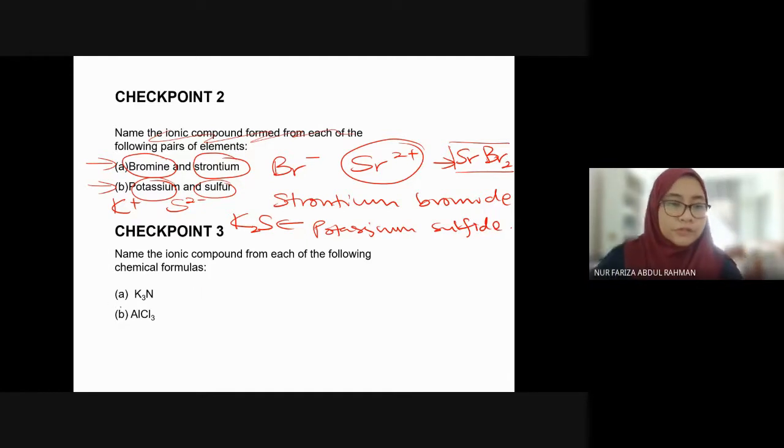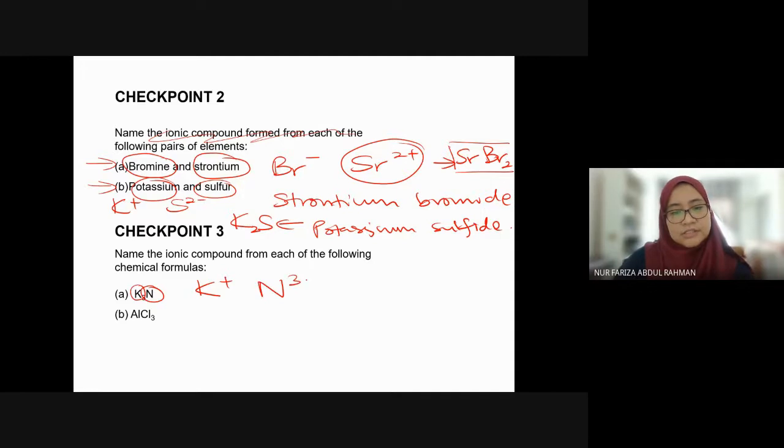Moving on to checkpoint 3: name the ionic compound from each of the following chemical formulas. K stands for potassium, and then we have nitrogen as the anion. For K the charge is +1, and for nitrogen the charge is -3.